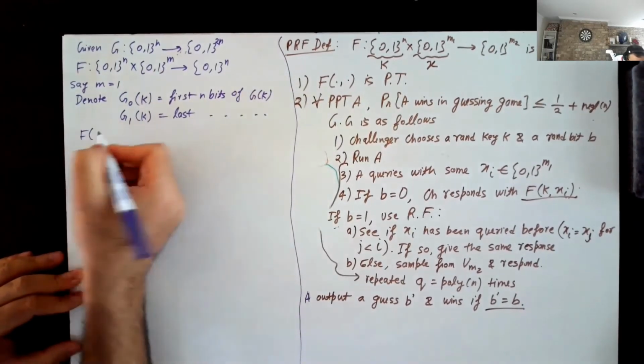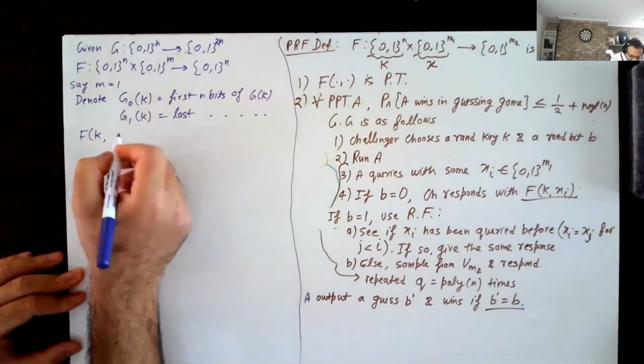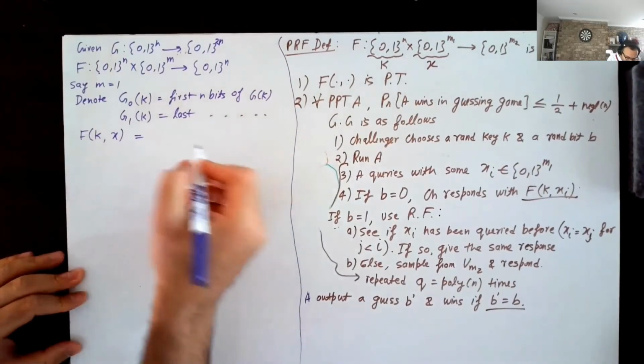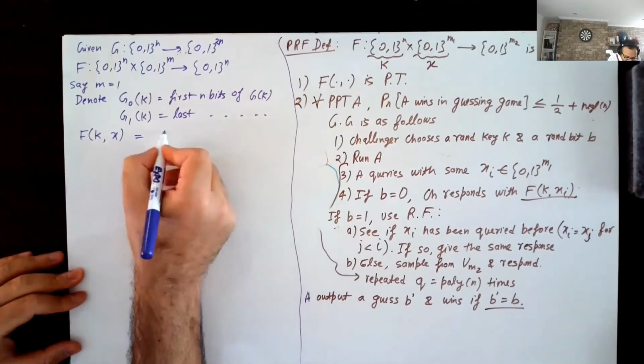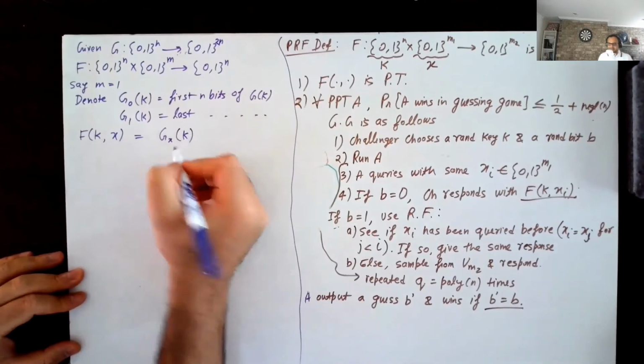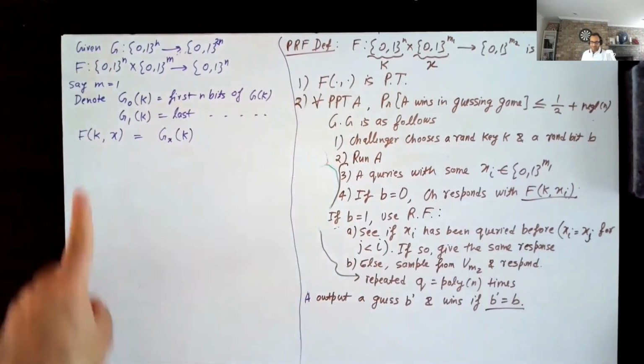So in this case, f of k comma x is just Gx of k. Okay, x is 1 bit.